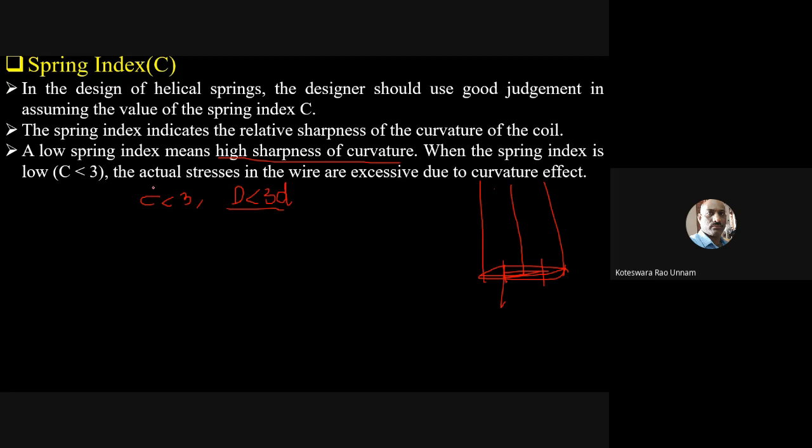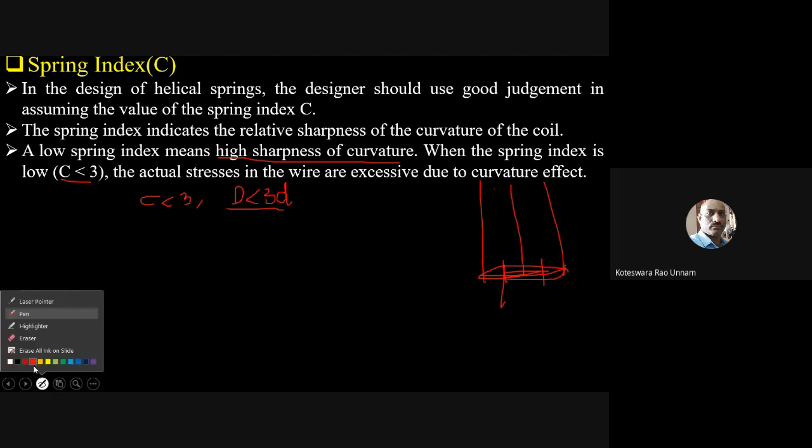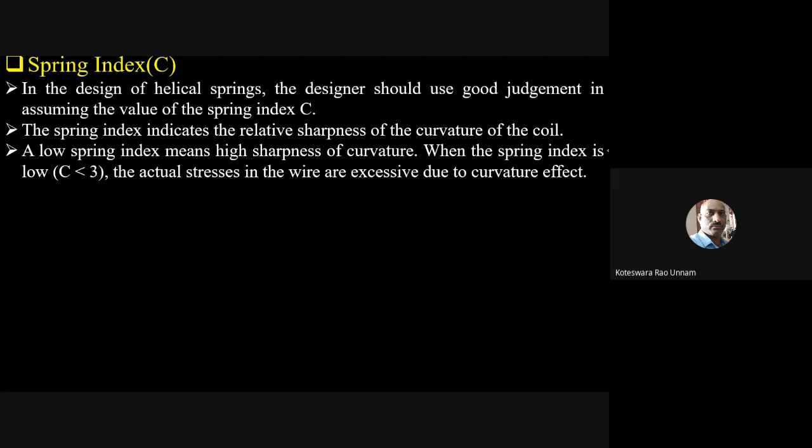When the spring index is very low, that is generally less than 3, the sharpness of the curvature is high, and then high stress concentration will be developed in the spring. Due to that, the actual stresses in the wires are excessive due to the curvature effect.